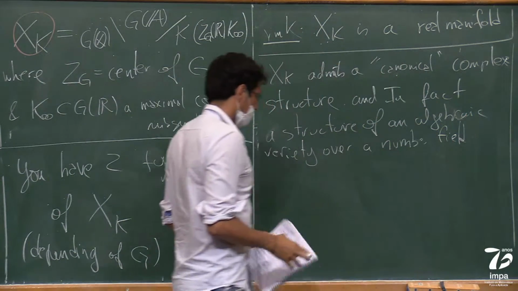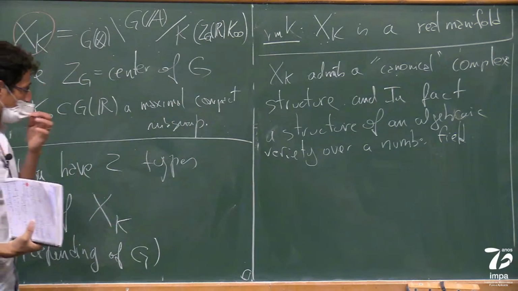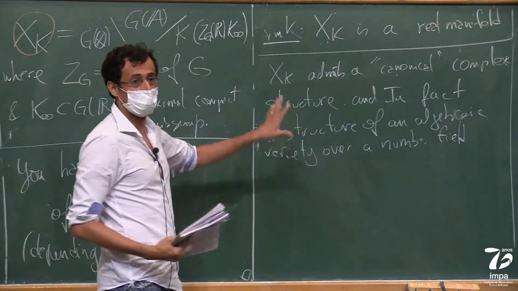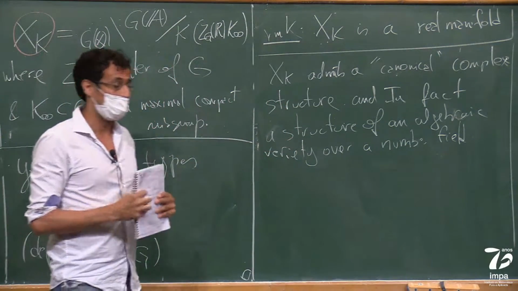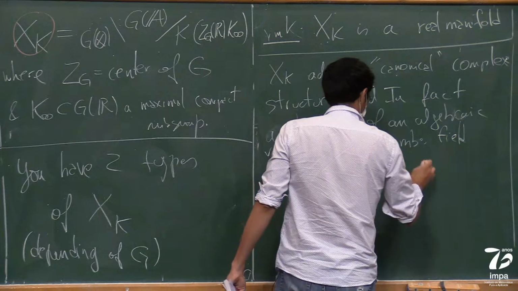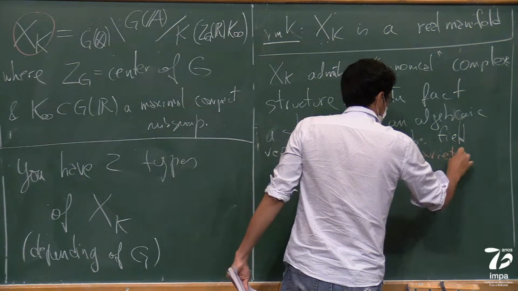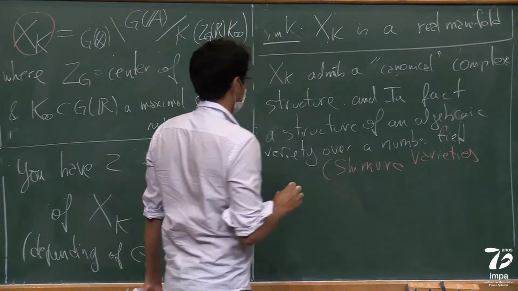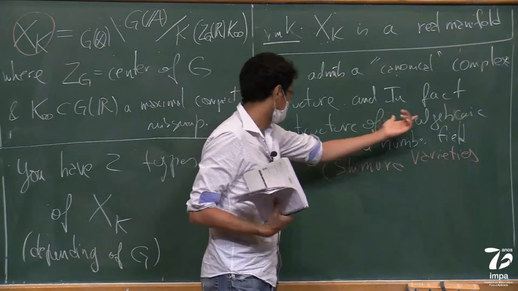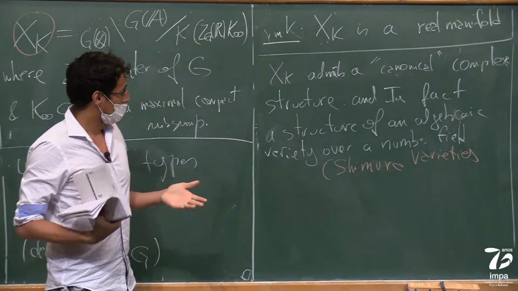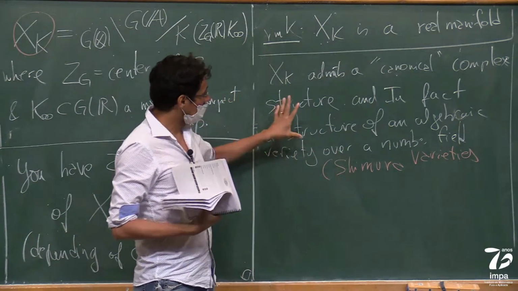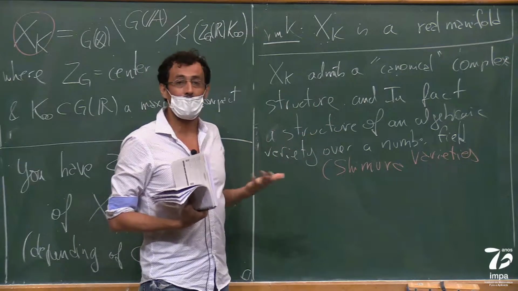Okay, so that seems a little bit strong, but there is a huge theory that studies this case. They are called the Shimura varieties. Okay? And in fact, you have a complex structure, but in fact a model over a number field, for example Q or a finite extension of Q, and there you have a strong connection with arithmetic.